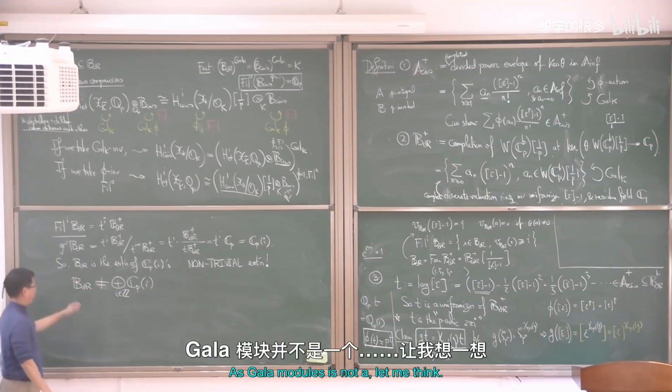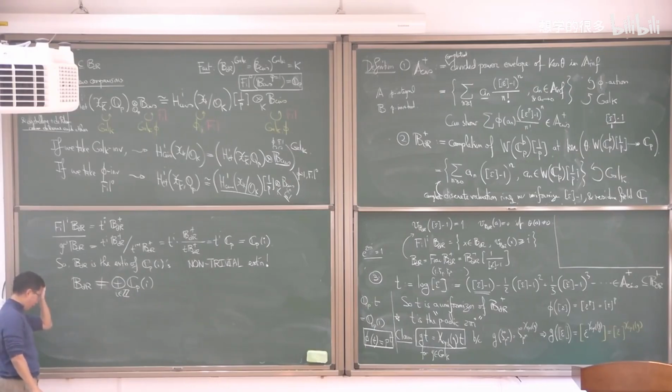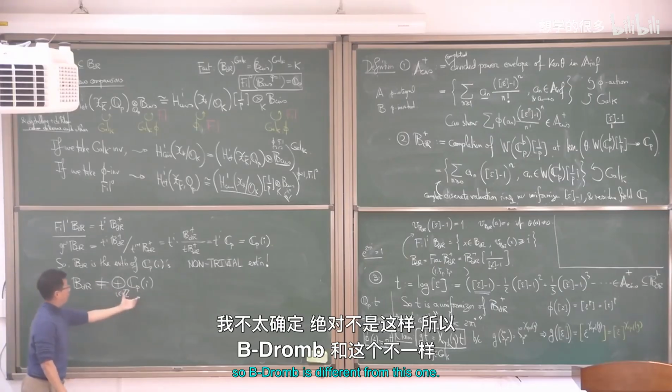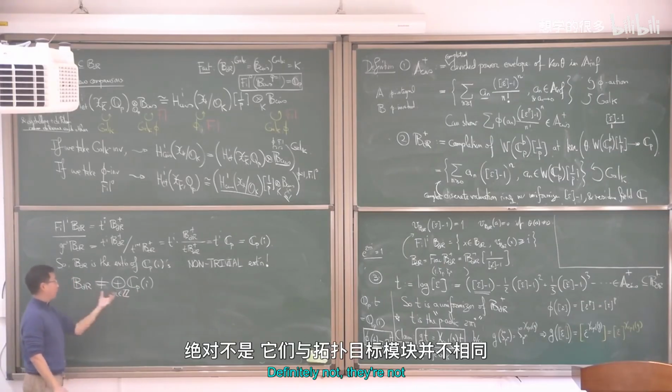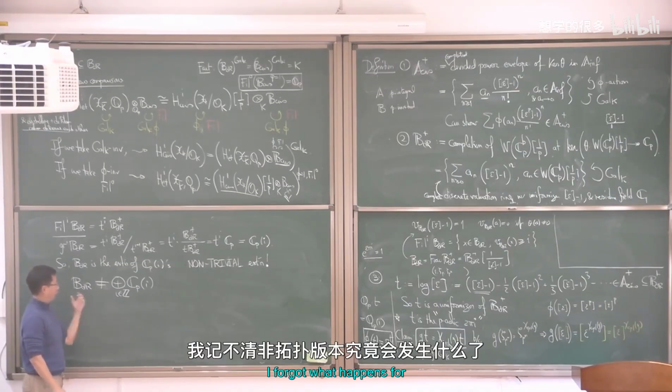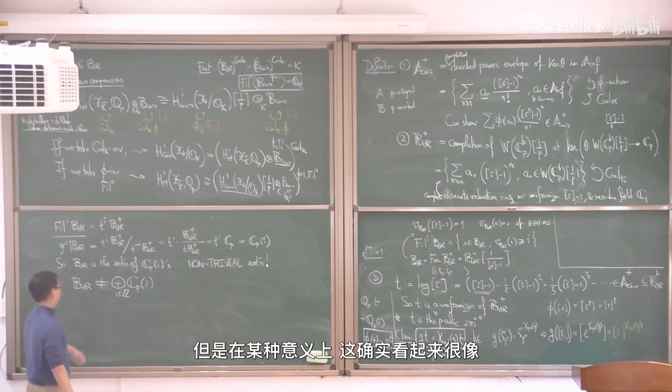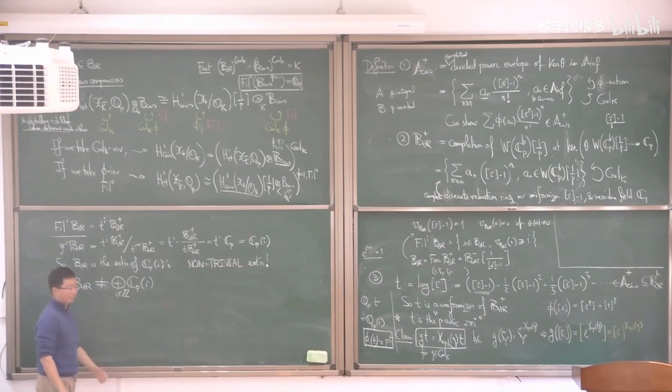As Galois modules it is not, let me think. I'm not so sure. Definitely not as topological Galois modules. I forgot what happens for the non-topological version. But somehow morally it looks very much like that.